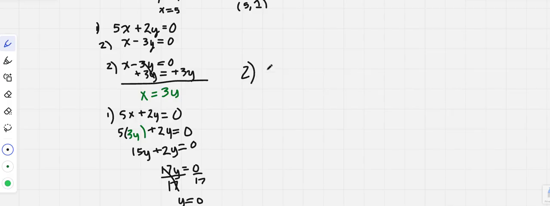Which is x minus 3y equals 0. And we know that y is equal to 0. We just solved for it. So we're going to write that as x minus 3 times 0 equals 0.